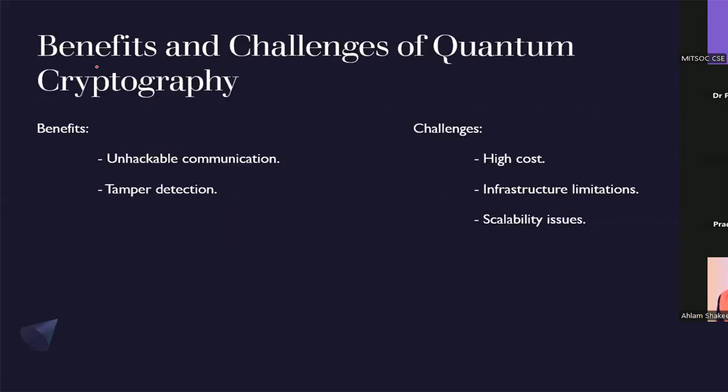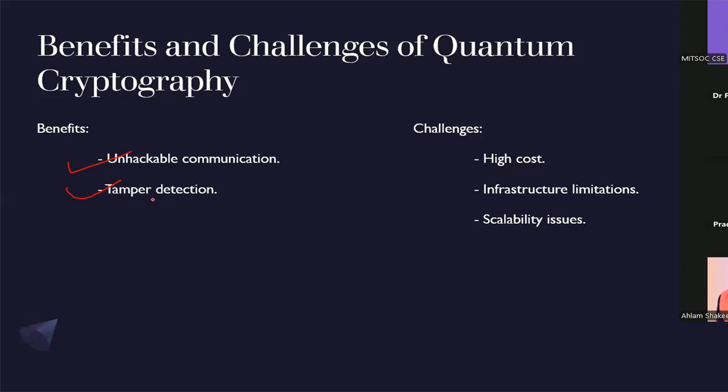Overall, we are going to talk about the benefits and challenges of quantum computing. We have a lot of benefits, but regarding quantum cryptography, the major two benefits are unhackable communication, which is theoretically proven, and tamper detection.